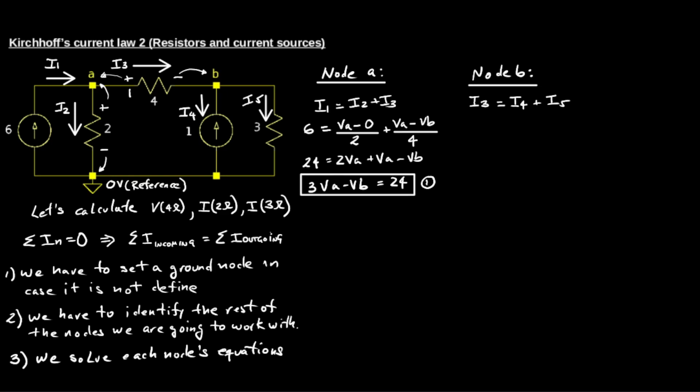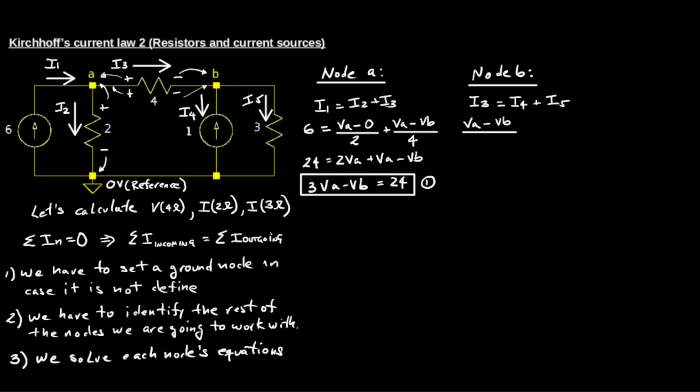The same way, I'm going to get the equations from node B. As I did before, I draw currents in any direction I want. In this case, I have an incoming current that I drew before when I was working with node A, which is I3.